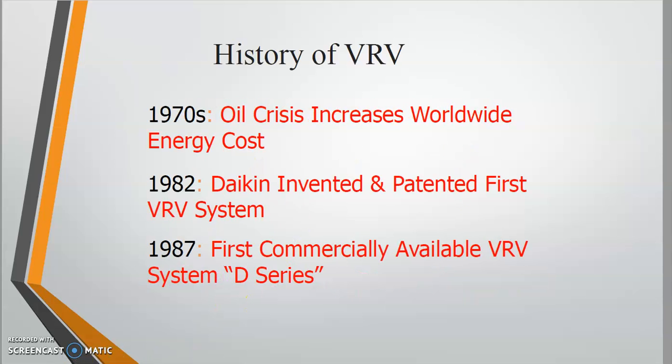So, who invented the VRV system? This is a summary of the history of VRV. It began in the 1970s, when there was an oil crisis worldwide. It typically influenced the energy costs because the oil price was high at that particular time.